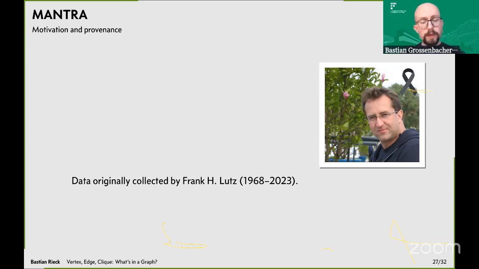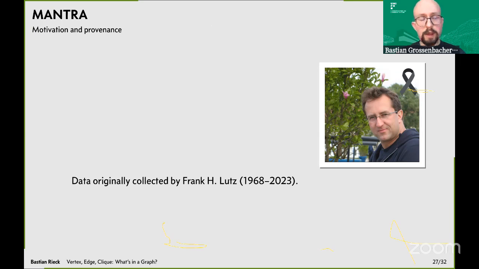The data for this was originally collected by my colleague Frank Lutz, who unfortunately passed away very unexpectedly and very young in 2023. Frank had been working on combinatorial triangulations for some time, and has compiled a massive amount of work, massive amount of data sets and databases, showing that certain triangulations have certain minimum properties, for instance, that they can be enumerated if you restrict yourselves to a fixed set of vertices, and so on and so forth.